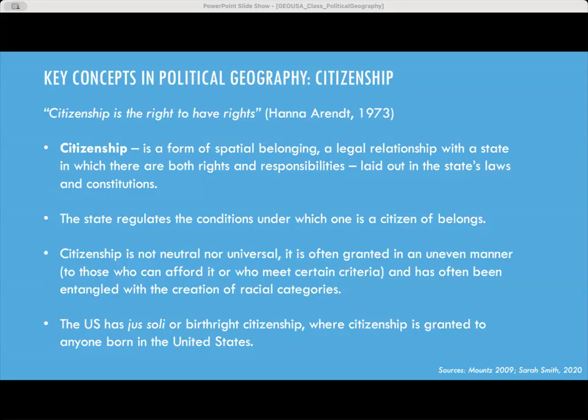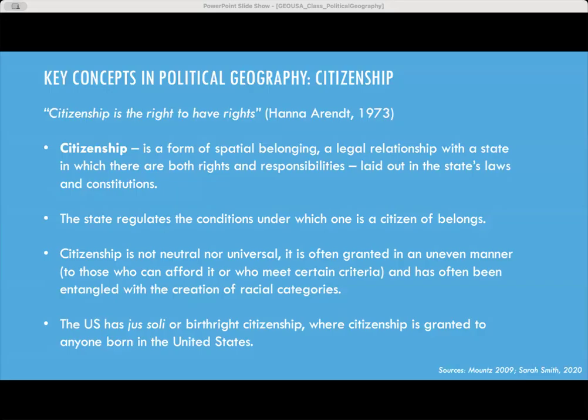It also grants a certain degree of protection from having our individual civil rights violated, for example, by the state, whether it's New York or the federal government. And the state, meaning in this case the government, regulates the conditions under which one is a citizen and where one belongs: who gets to be a citizen and who doesn't.